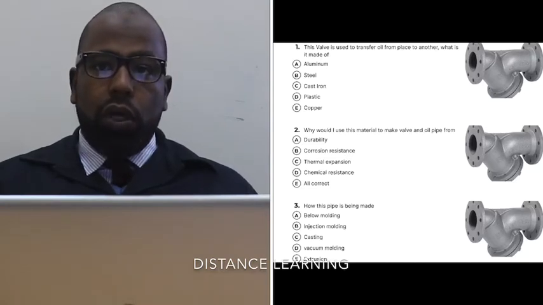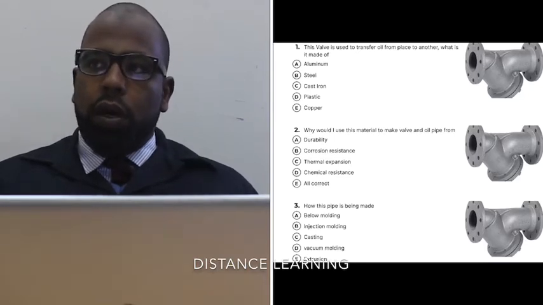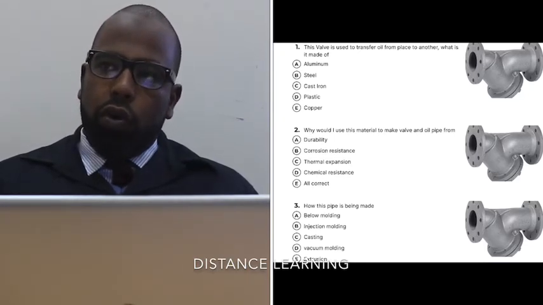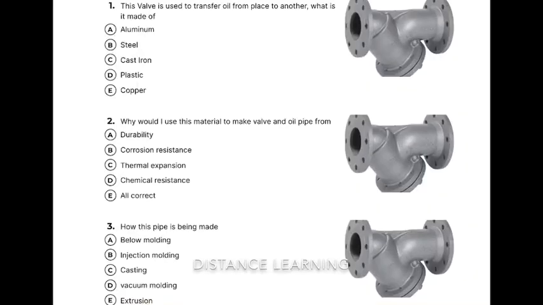It's used a lot in heavy industries where you could be transferring oil, transferring water, and so on. Mainly this is because of the ability of cast iron to resist corrosion, to resist chemical reaction, and as well for the thermal expansion. The material is very stable.